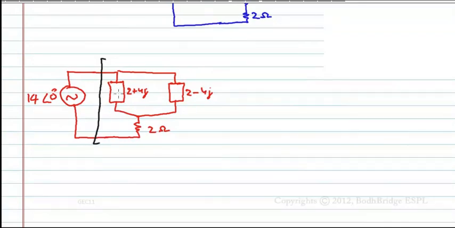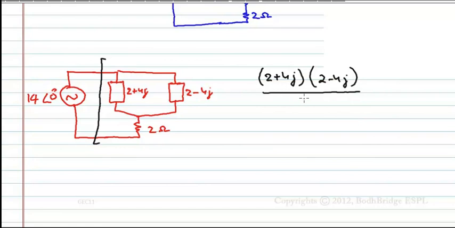These both are in parallel. Therefore, the equivalent of 2 plus 4J and 2 minus 4J is (2 plus 4J) into (2 minus 4J) by 2 plus 2, which is 4. A into B by A plus B, right? R1 R2 by R1 plus R2. Therefore this is (4 plus 16) by 4, which is equal to 5.